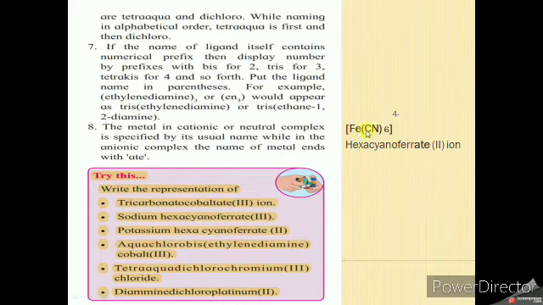Then CN carrying 1 minus charge, so 6 CN carrying 6 minus, and the overall charge on the complex is minus 4, so x minus 6 is equal to minus 4, so x carries plus 2 charge. So what is the oxidation state of Fe? It is 2, so II is written in round brackets.